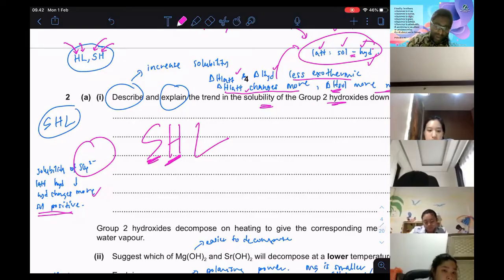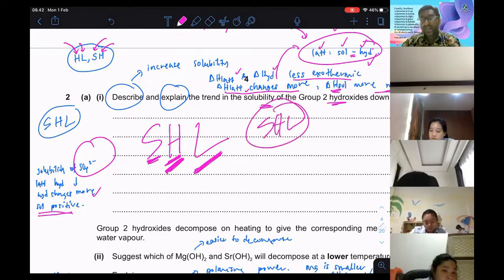If you have hydroxide, then your lattice energy changes more. You can use this method, and I'm going to use this method also to remember. SHL: S for sulfate, then H for hydration. For hydroxide, I'm going to say L for lattice. So this is something that I'm going to use as well.